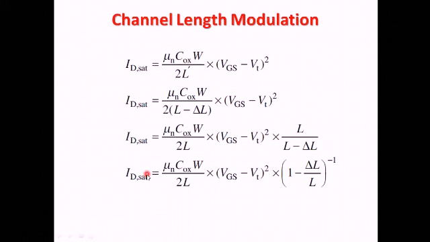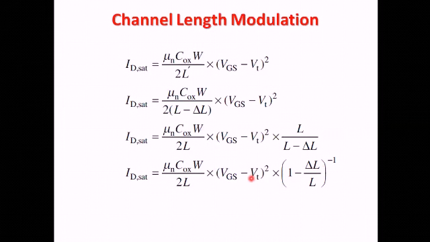So from here, what we can write? ID saturation is equal to μn Cox W by 2L into (VGS minus VT) whole square into (1 minus ΔL by L) to the power of minus 1.